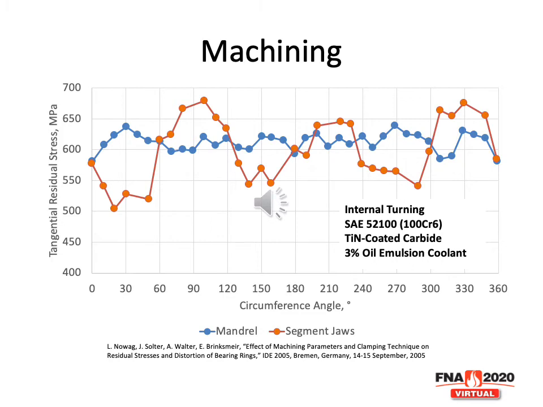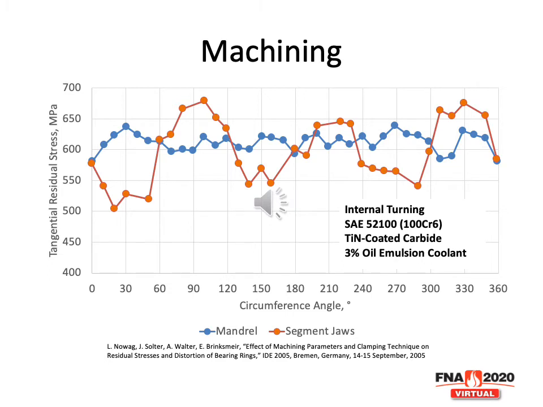This is from a study done by Noack, Zoller, Walter, and Brinksmeier at, again, the International Distortion Engineering Conference in Bremen in 2005. The way I hold the part makes a difference in the amount of residual stresses.